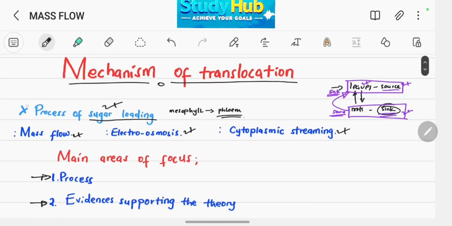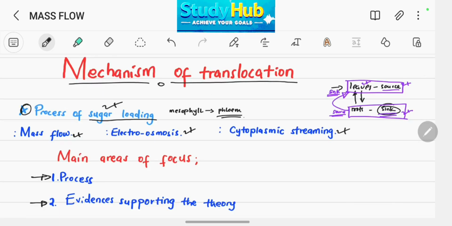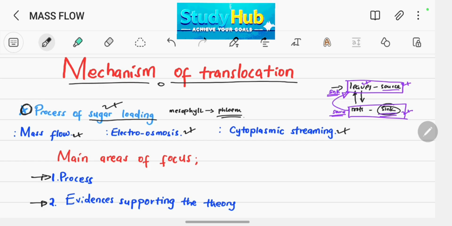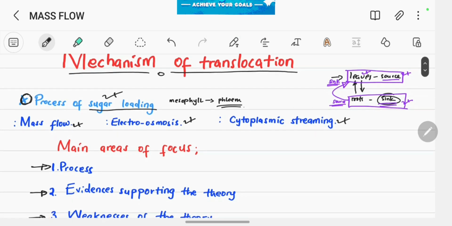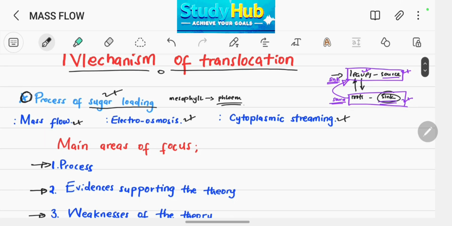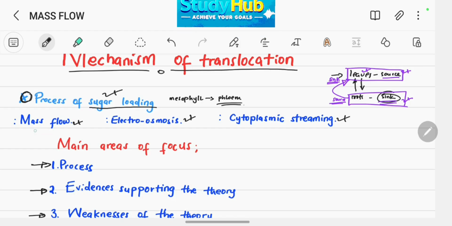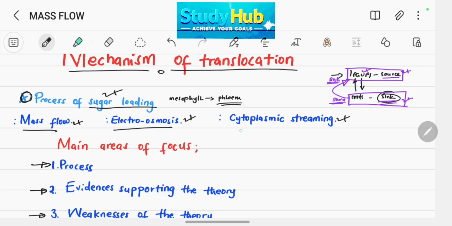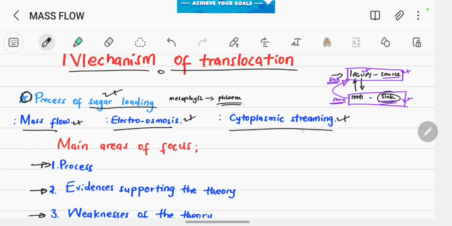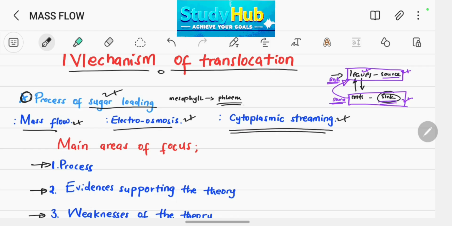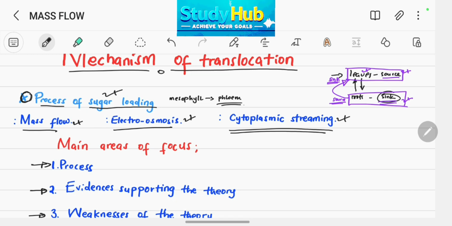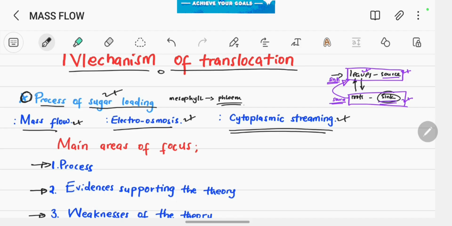So this recording is focusing mainly on the process of sugar loading. Then I will make a recording for mass flow and electroosmosis, and our last lesson will be on cytoplasmic streaming. But let us first deal with the process of sugar loading.